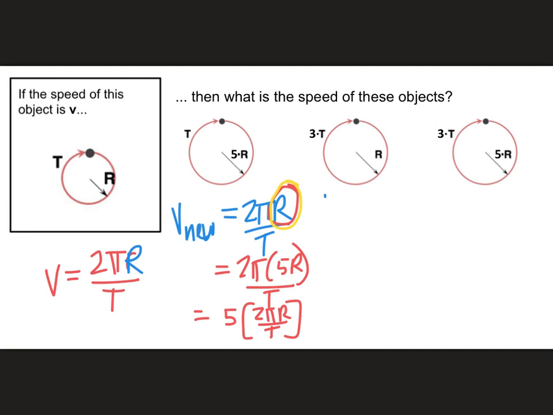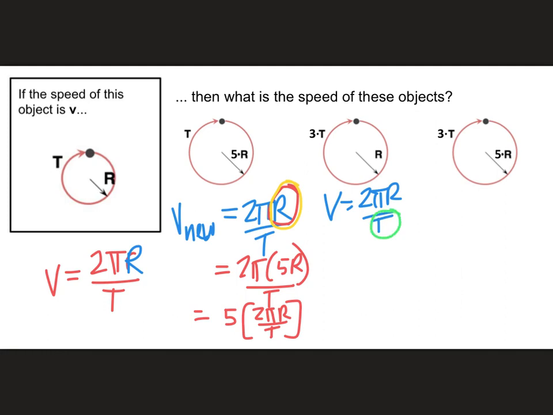All right, let's try another one here. So I'm going to write the formula down. I'm going to think about what it is that's going to change. In this case, the 2 doesn't change, the pi doesn't change, the R doesn't change. It's the T that changes.